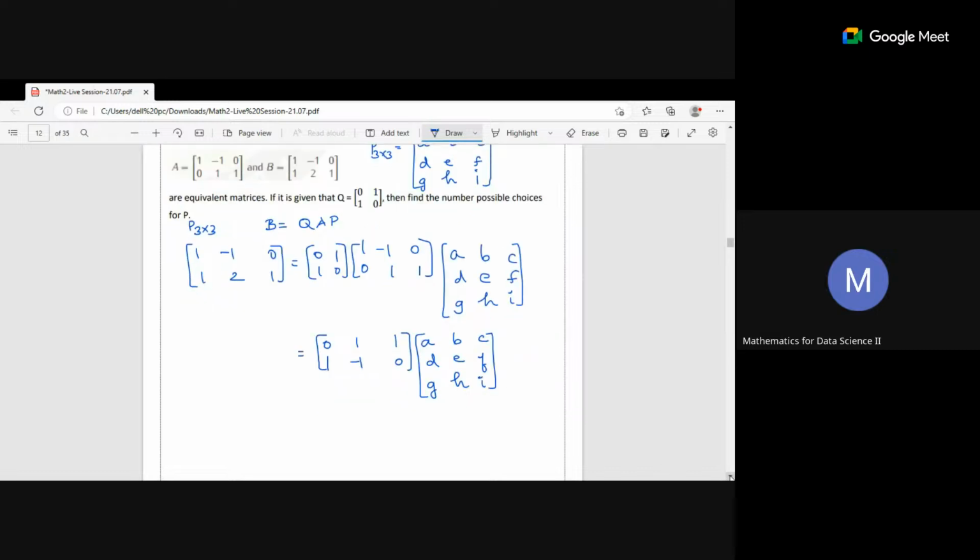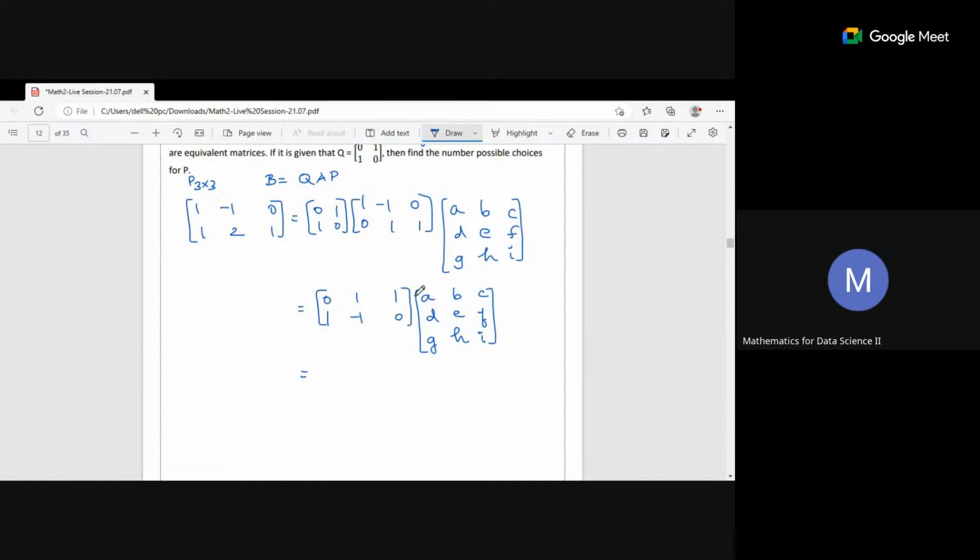So now let us do this matrix multiplication. You have D plus G, E plus H, F plus I, right? And then you have A minus D, B minus E, C minus F. Is that correct?